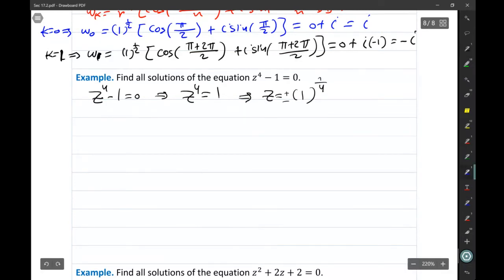Now pay attention here. I need to recall this number again: z naught is equal to 1.